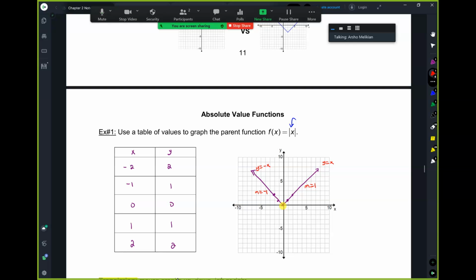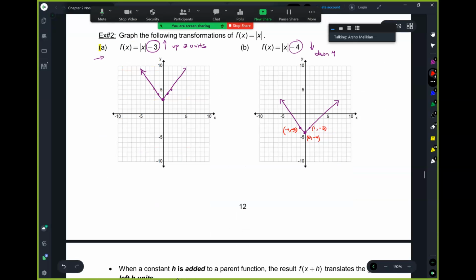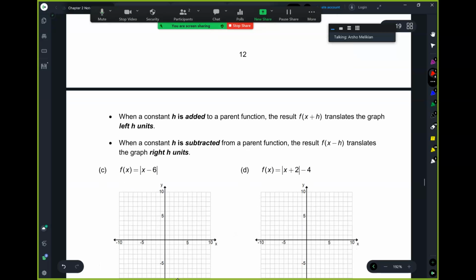And then you look and you're like, oh my God, look, it's got a slope of 1, right? Which we also knew because I had said this is the line y equals x, so it's got a slope of 1. So all absolute values, their parent form, have a slope of 1 and negative 1. So from that, that's how you're going to start. Now, sometimes that might change, but until then, that's what's going to happen.